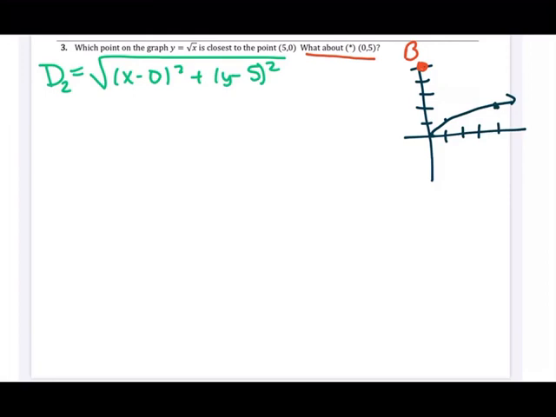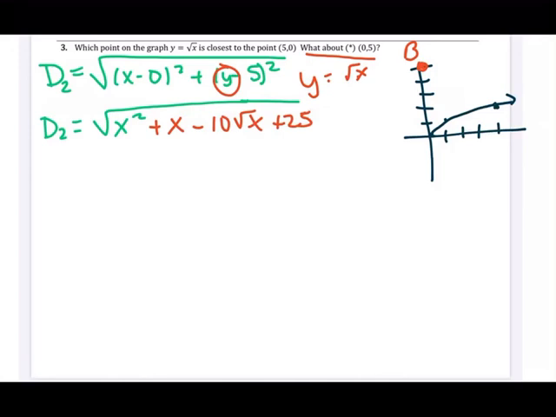And then remember, I need to get rid of this y, so I'm going to substitute in that y equals the square root of x. So when I substitute in the square root of x and then I multiply out (square root of x minus 5) squared, I'm going to end up with this. And then I can combine like terms or simplify or simply leave it just like this since we're allowed to use a calculator here. That's what this little asterisk means: you're allowed to use a calculator.